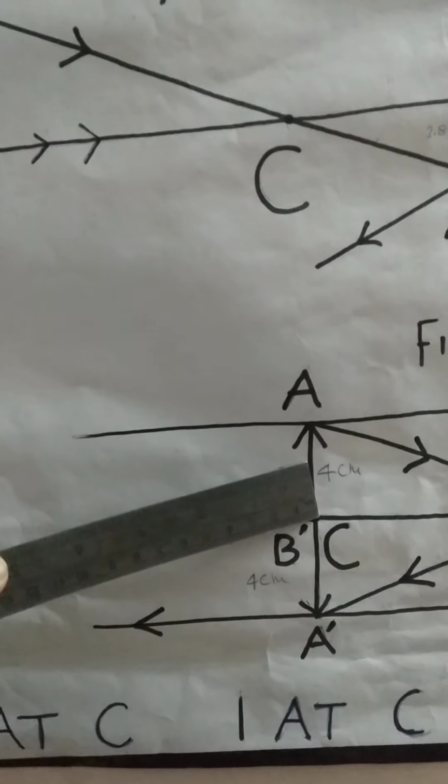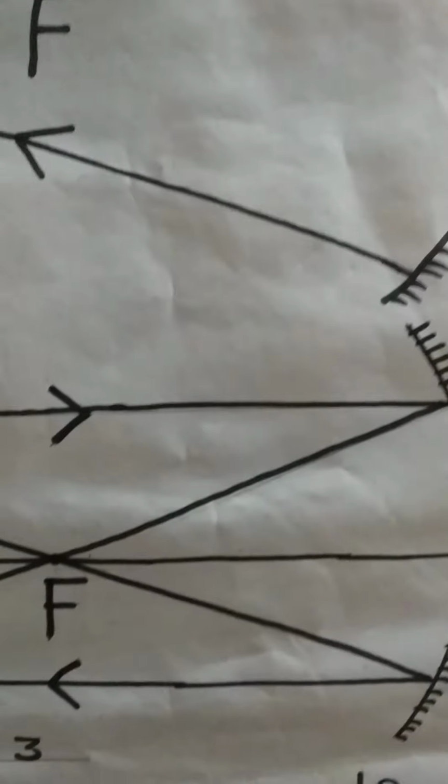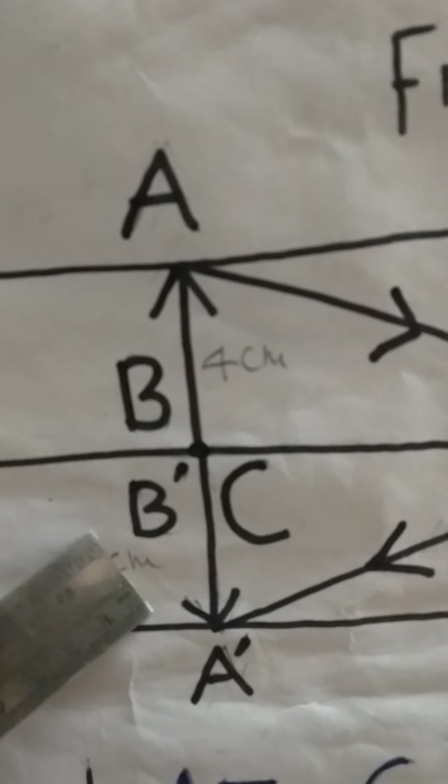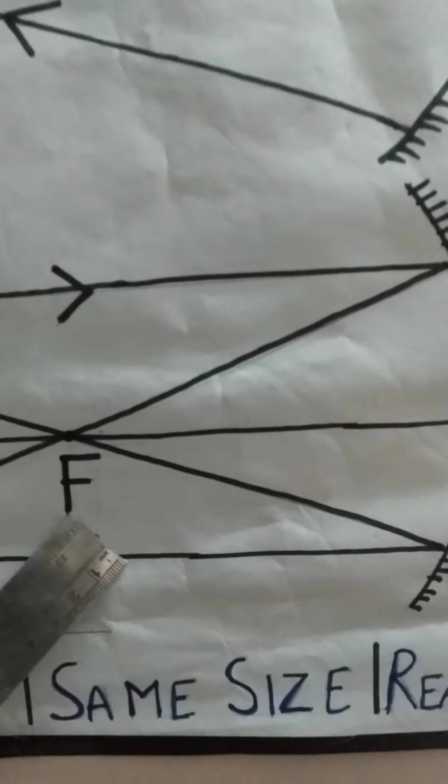AB, position of the object at C, and position of the image at C. Size of the image: same size. Suppose the length of object AB is 4 cm and the length of image B dash A dash is also 4 cm. So size of the image is same size.